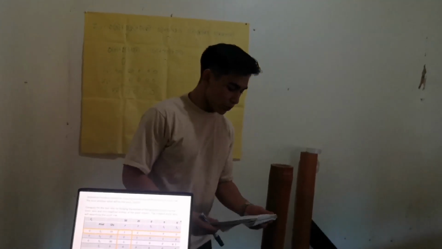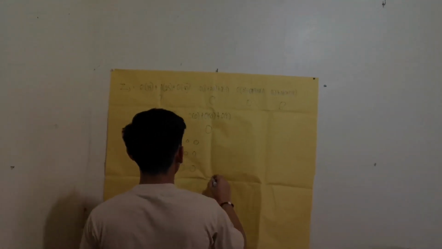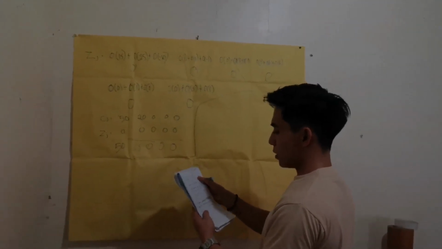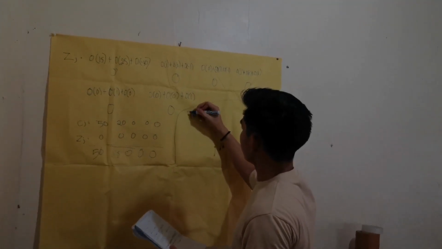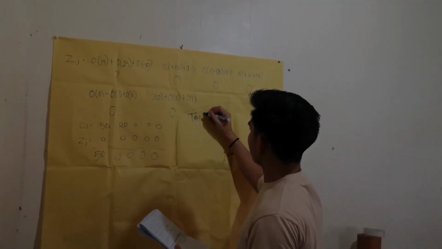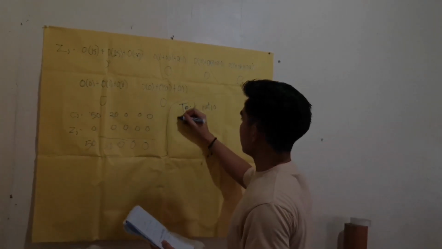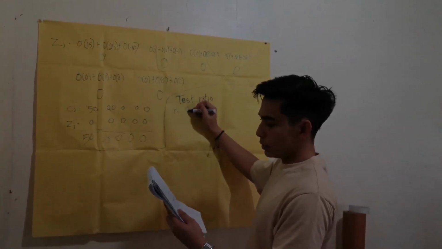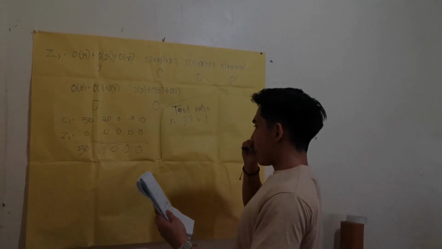yung test ratio, which is ito. Test ratio R is equals to, diba nakasulat doon is 15 divide 1 equals to 15.